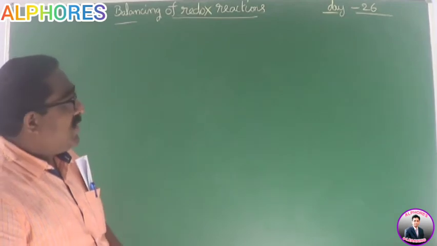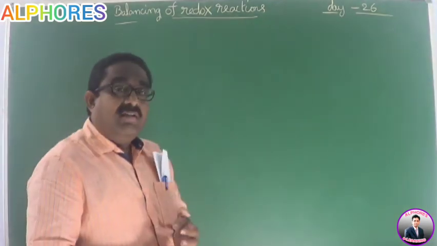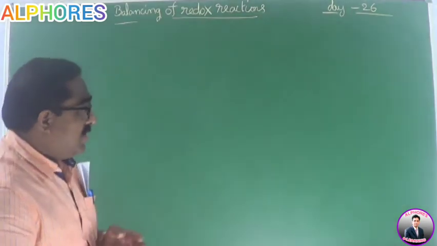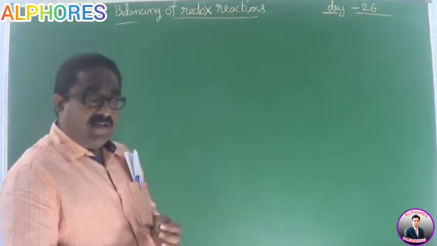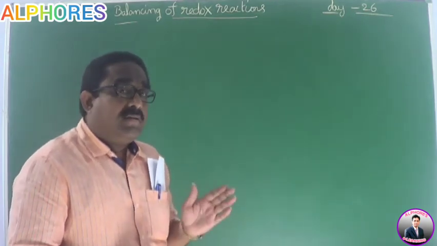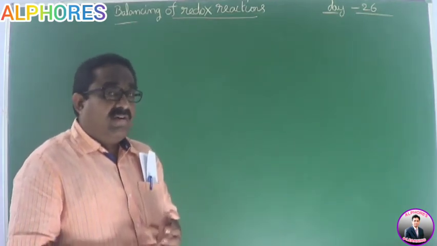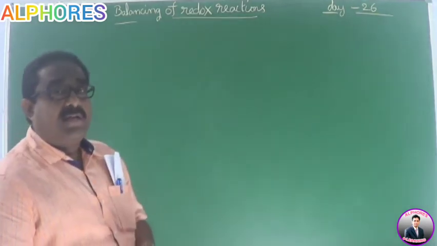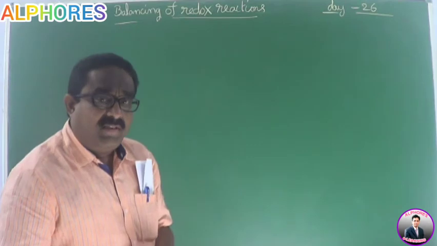Today we are going to start session 26 of the stoichiometry chapter, under the heading of balancing of redox reactions. From the past 3 previous sessions, I have discussed how to balance the given redox reactions by using different methods.